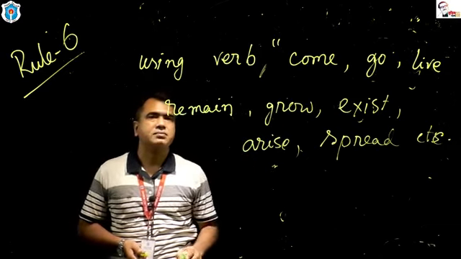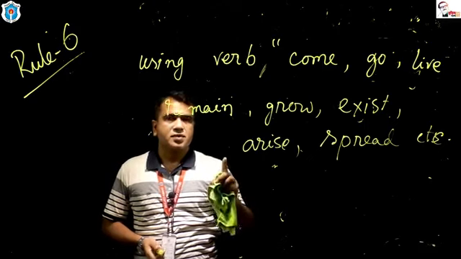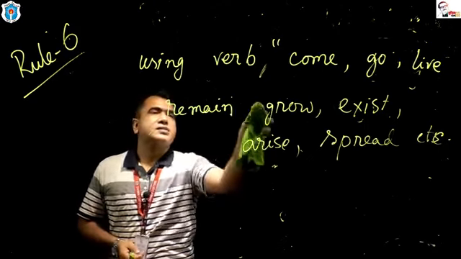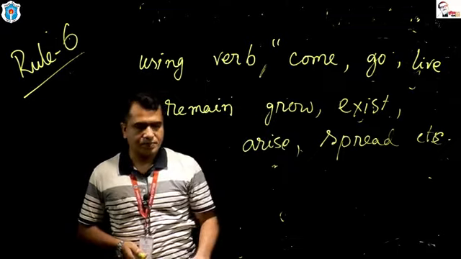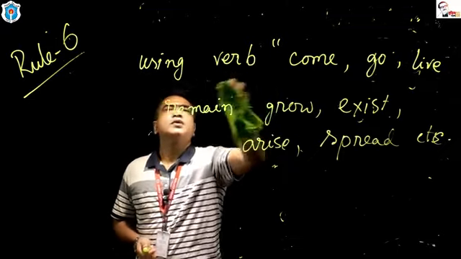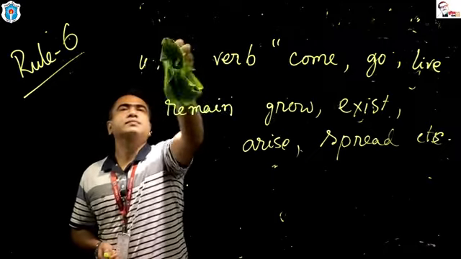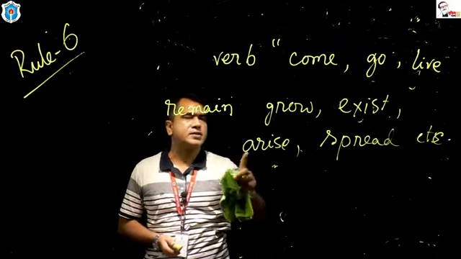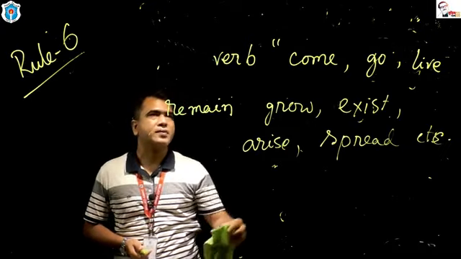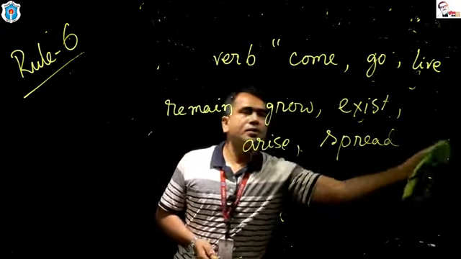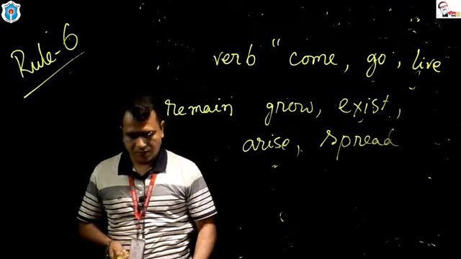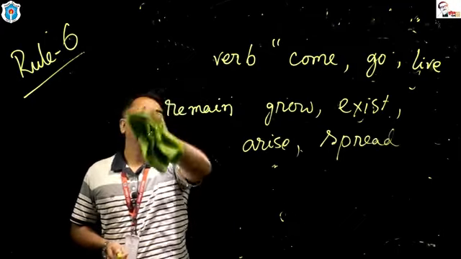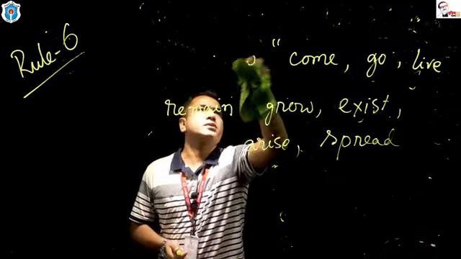We should use a noun as the subject of these verbs. So if we use the verbs come, go, live, remain, grow, exist, arise, spread, etc., we should use a noun as the following subject. I am giving you some examples.